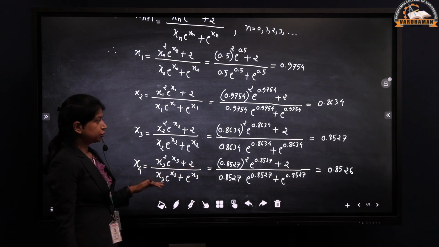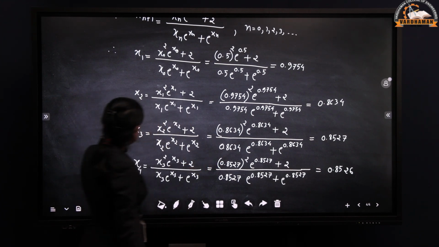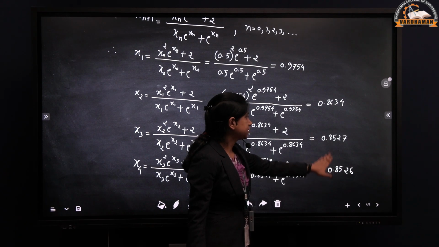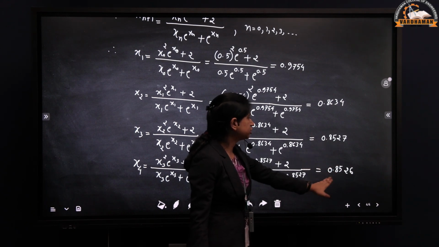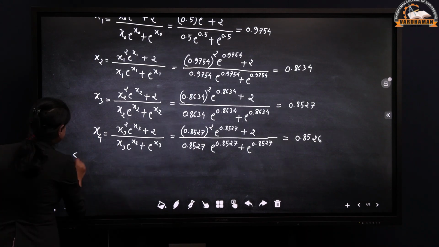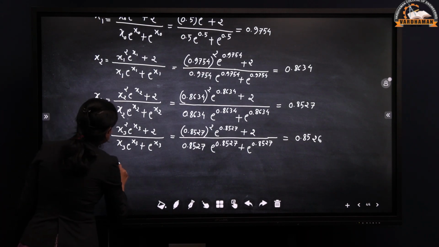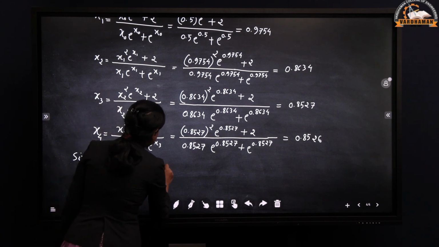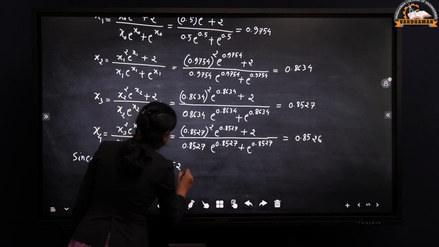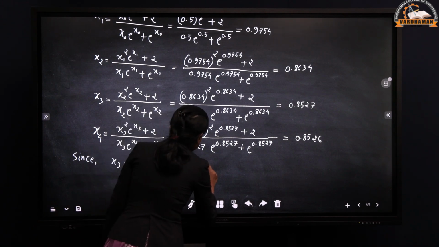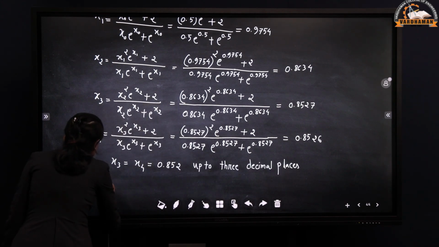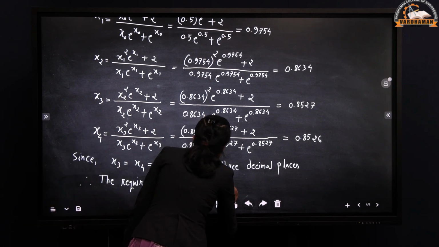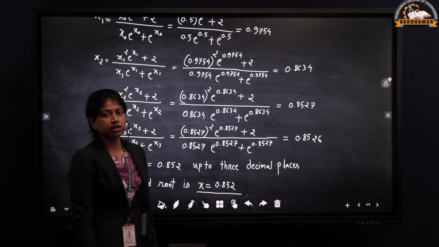We stopped at x4 because look at x3 and x4: up to 3 decimal places these values are the same, that is 0.852, this is also 0.852. Since x3 is equal to x4 is equal to 0.852 up to 3 decimal places, therefore the required root is x equal to 0.852. This is the solution. Thank you.